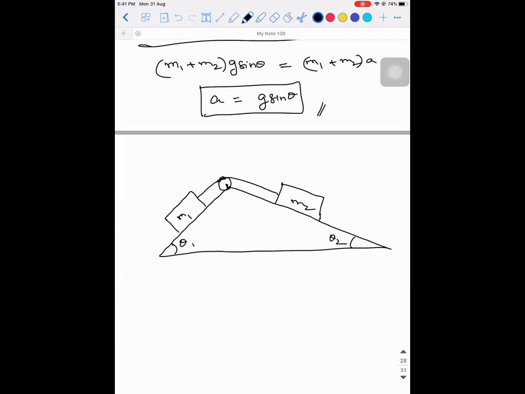I hope it's clear. Now I'm saying that the whole system is accelerating like this. Now I want you to tell me what is the answer a. I'm giving you 3 minutes. Solve it. Time is 5:41. By 5:44, I want an answer. So if you can try it.